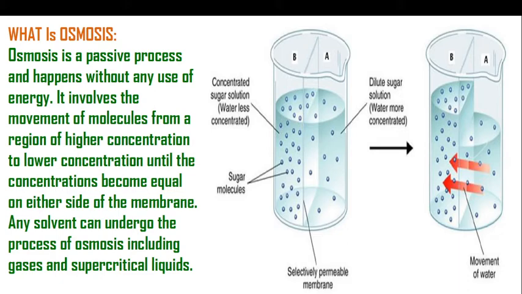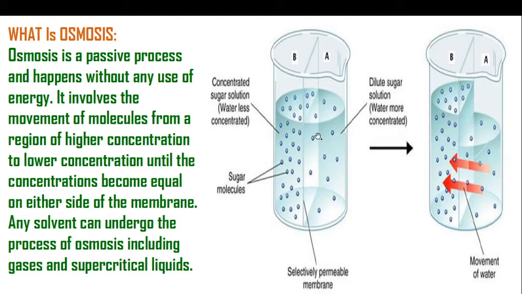Here is a diagram which shows a single beaker divided into two sides, A side and B side, and in between A and B there is a membrane which is selectively permeable, like our plasma membrane which is present in a plant cell as well as an animal cell.